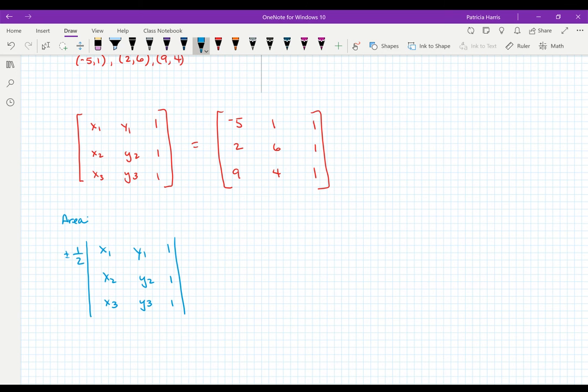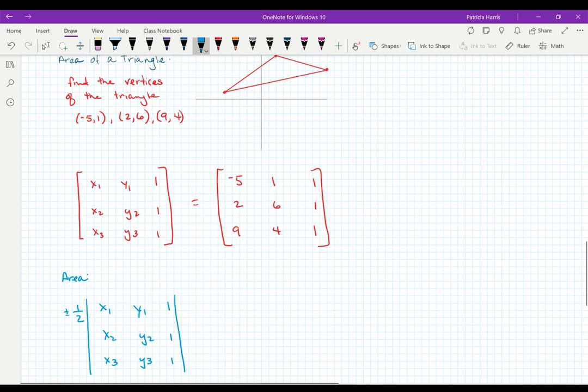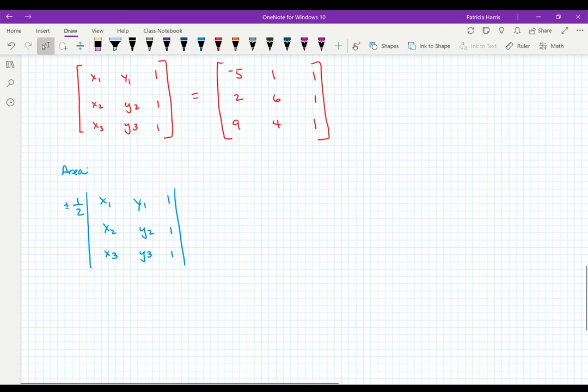So you're going to do a determinant, and then you're going to multiply it by a scalar of 1/2. Okay, so let's do it. Okay, and the reason you want a positive or a negative on that 1/2 is because sometimes the determinants will come out negative, and area can't be negative.